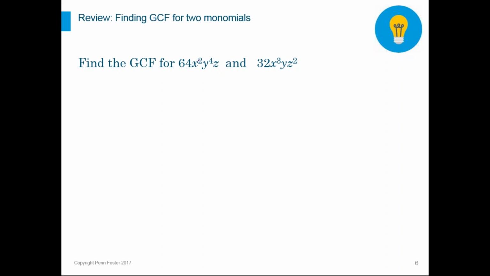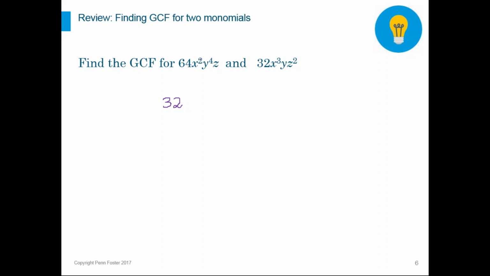So if you do the tree method, you will find out that 32 actually is the greatest common factor between 64 and 32. And therefore, 32 will be part of our greatest common factor. Now, as for variables, we're going to look at x and x. X and x are common because I see x squared and x cubed, so they appear in both terms.